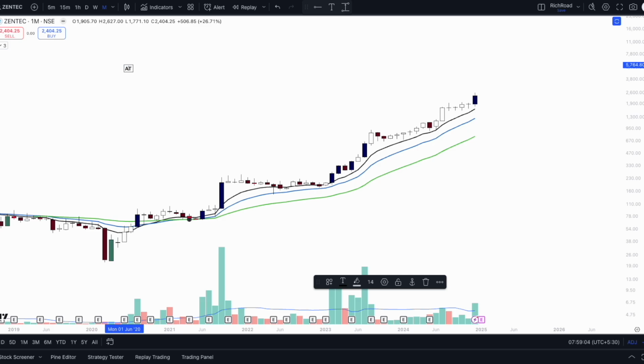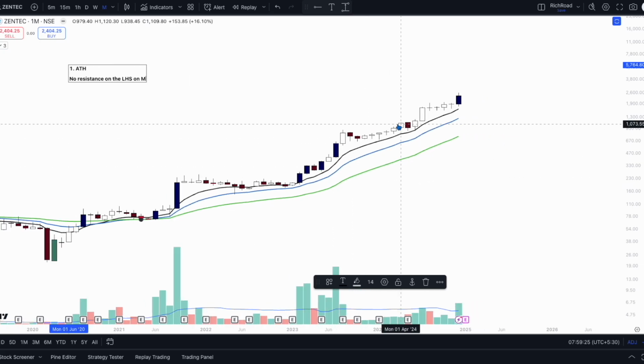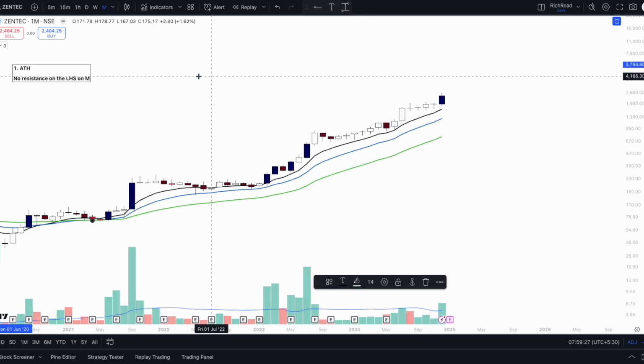First thing is we are at the all-time highs. So that's an important observation that you have to be aware of. And usually there is no resistance on the LHS on the monthly, right? There is no major resistance, which was over here at this point of time, which is not there in this scenario.